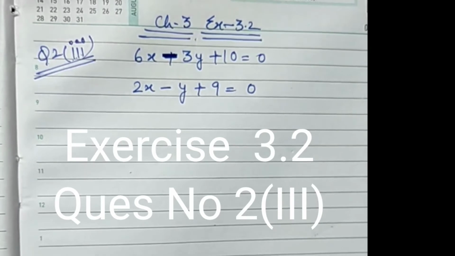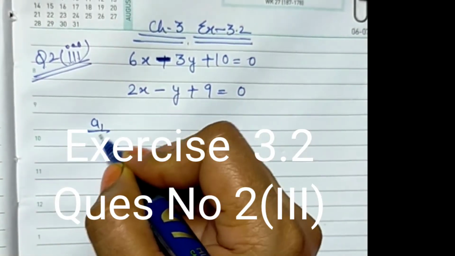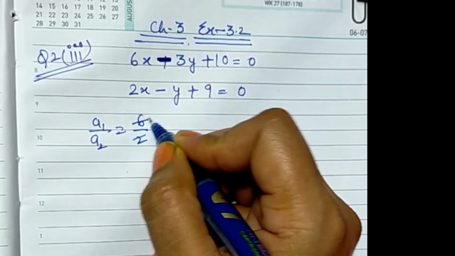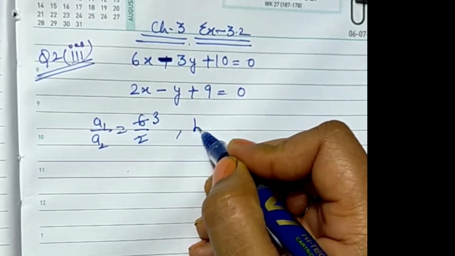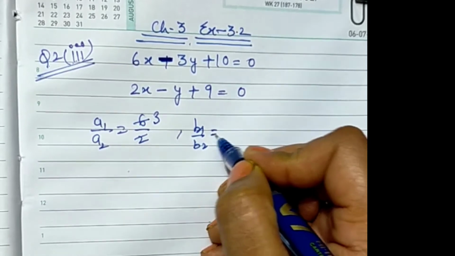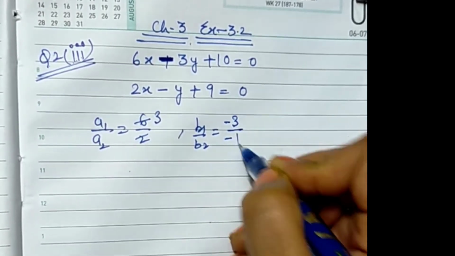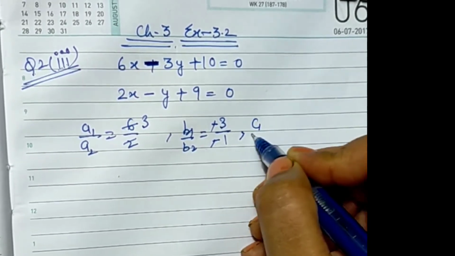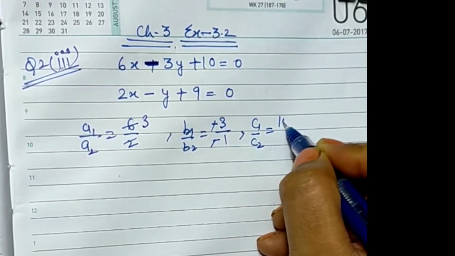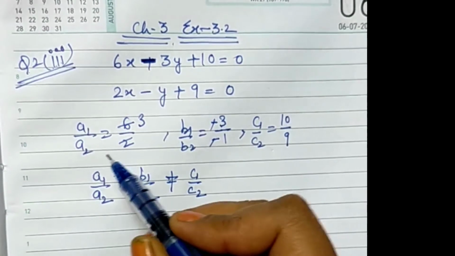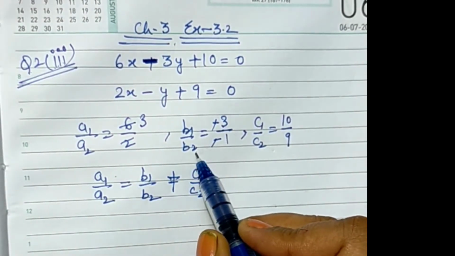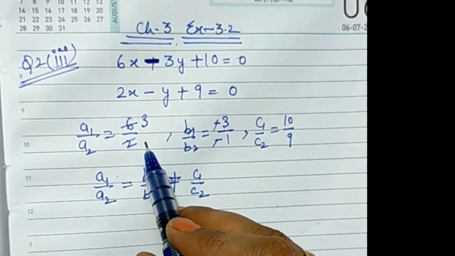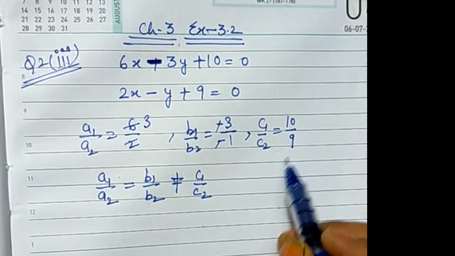Let's do the next part. A1 over A2, 6 over 2, that gives us 3. B1 over B2, minus 3 over minus 1, that again gives us 3. C1 over C2, that is 10 by 9. Here A1 over A2 is equal to B1 over B2 because they are both equal to 3, whereas C1 over C2 is 10 by 9.